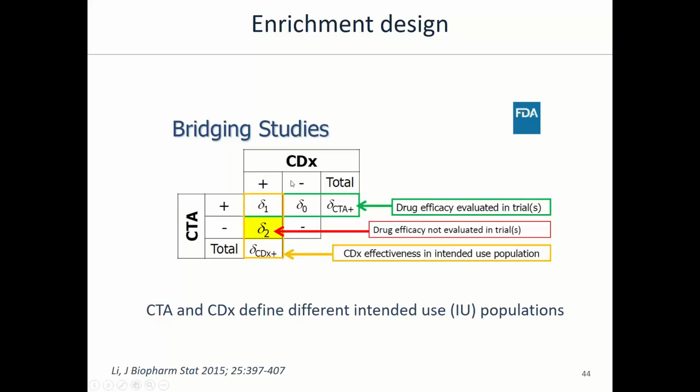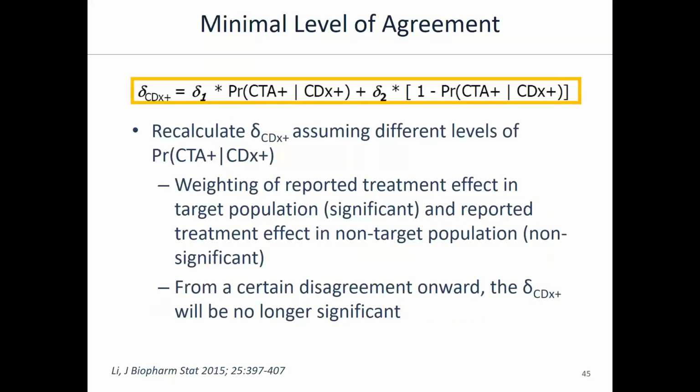So this is this population, right? And it means that those patients are no longer part of your intended population, but these patients, they do belong to this new population, but you don't have any information about their treatment effect, right? So that's in essence the situation you are facing and you have to bridge.